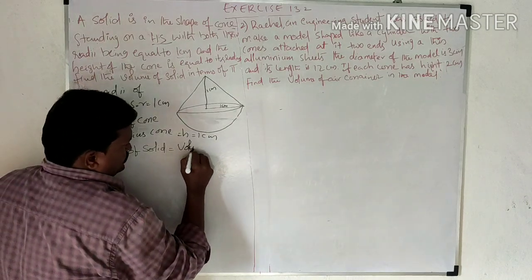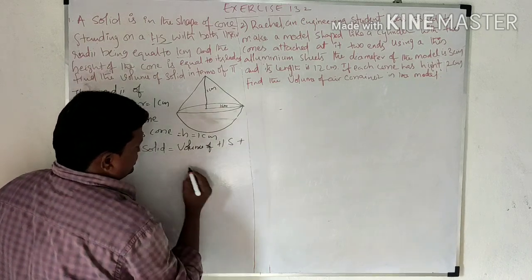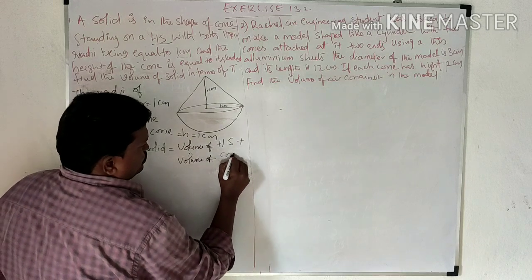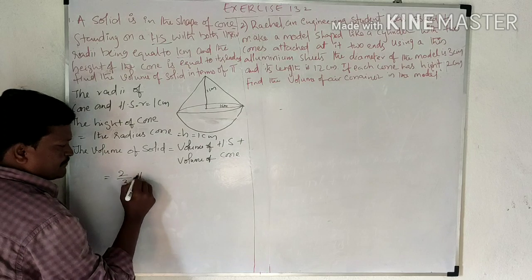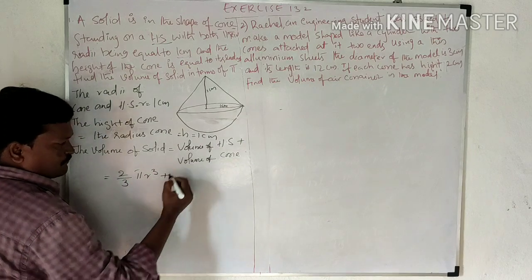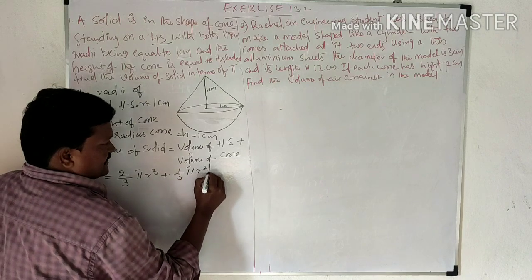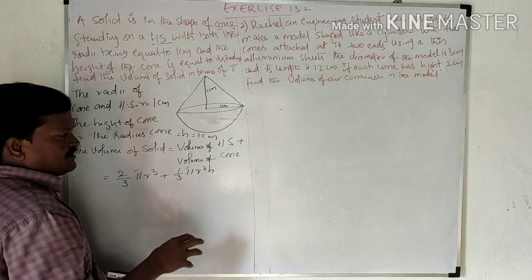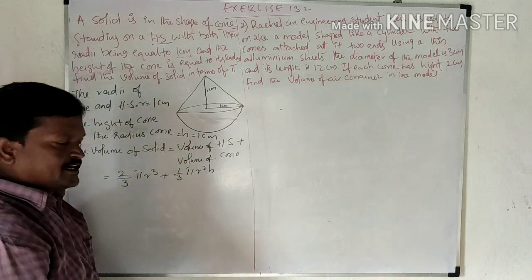Now volume of hemisphere plus volume of cone. Volume of hemisphere formula is 2 by 3 pi r cube. Volume of cone is 1 by 3 pi r square h. In cone no need of l, slant height will not come. The formula for volume of cone is 1 by 3 pi r square h.